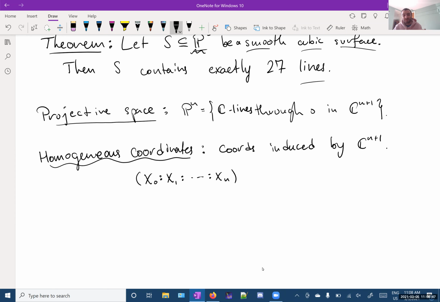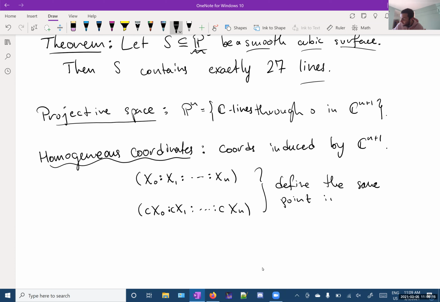I'm putting these little colons here to really emphasize the fact that these are homogeneous coordinates and not actual n plus 1 tuples, because something like this and something like this define the same point in Pn, right?